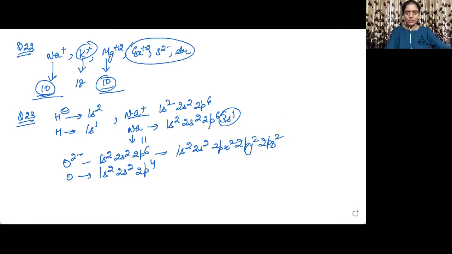All right, let us now move into question number 24. The statement for question number 24 is... no, it is not question number 24, it is question number 23 itself, the second part of question number 23. What are the atomic numbers of elements whose outermost electrons are represented by these?